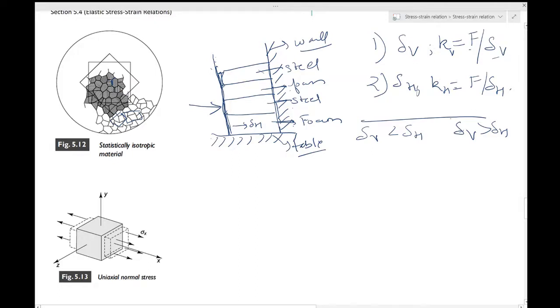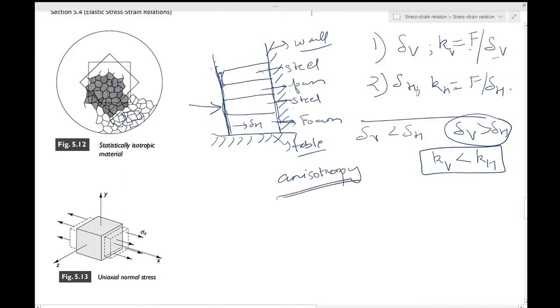Because of this, the stiffness in the vertical direction is smaller than the stiffness in the horizontal direction. This is what is anisotropy.